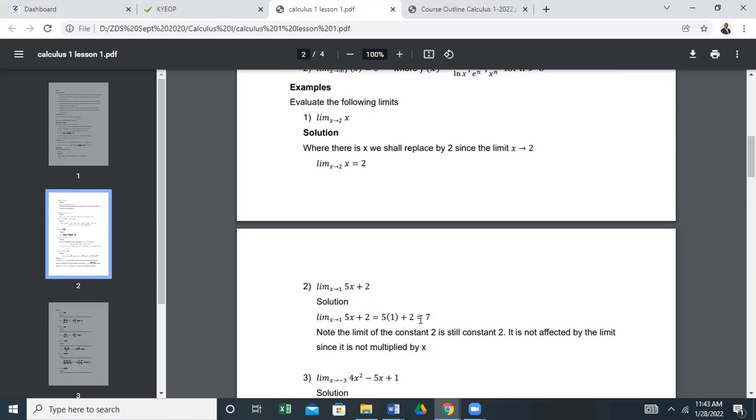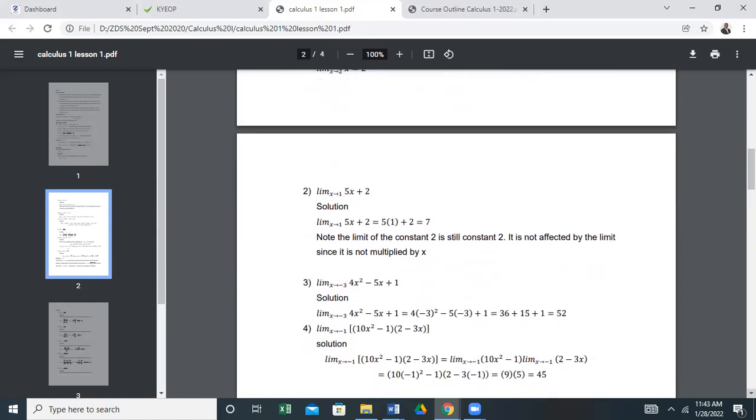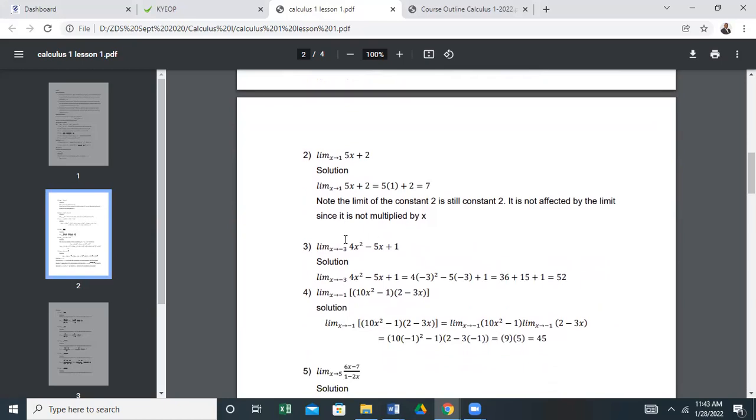In other words, I'm saying the limit of the constant 2 is still constant because we don't have an x. At this point, we say our x is raised to 0. You know that x raised to 0 is equal to 1. So 0 is very important in limits. And I'll be explaining why later on when we'll be doing the differentiation, right? Look at the third example. The limit of x tends to -3.